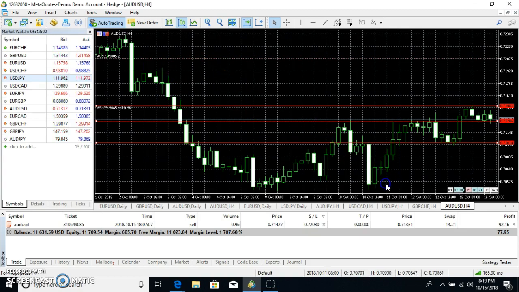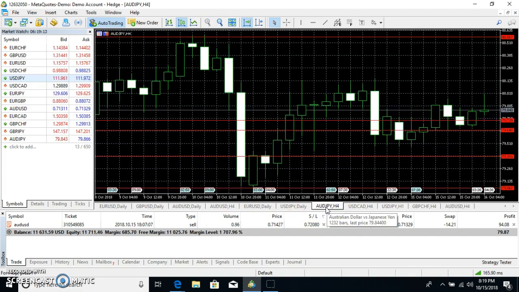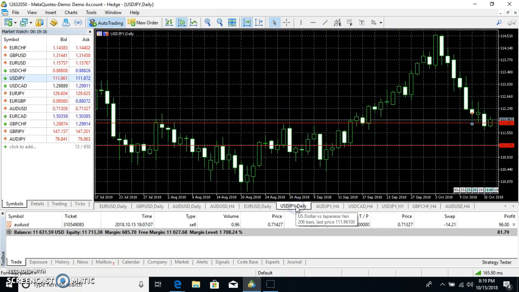So as we're in this trade, we can look at another trade that may be open. Let's look at U.S. Japanese. U.S. Japanese looks like it's going to be going up.